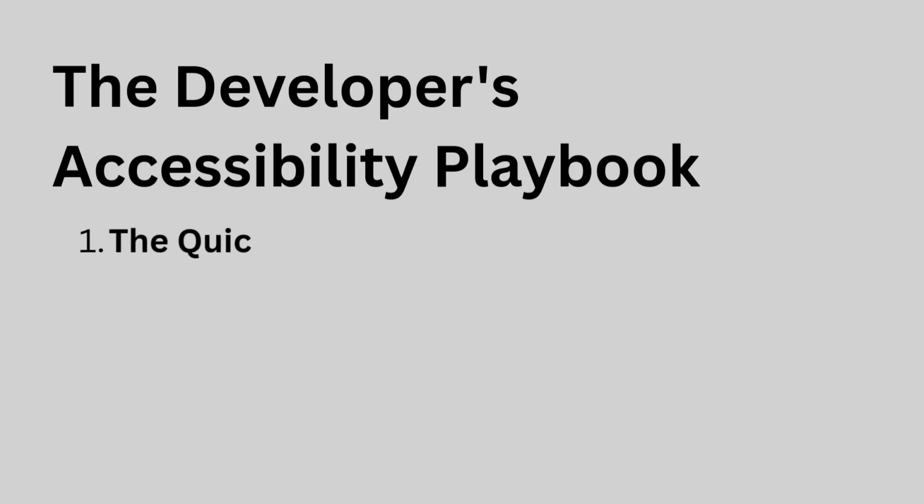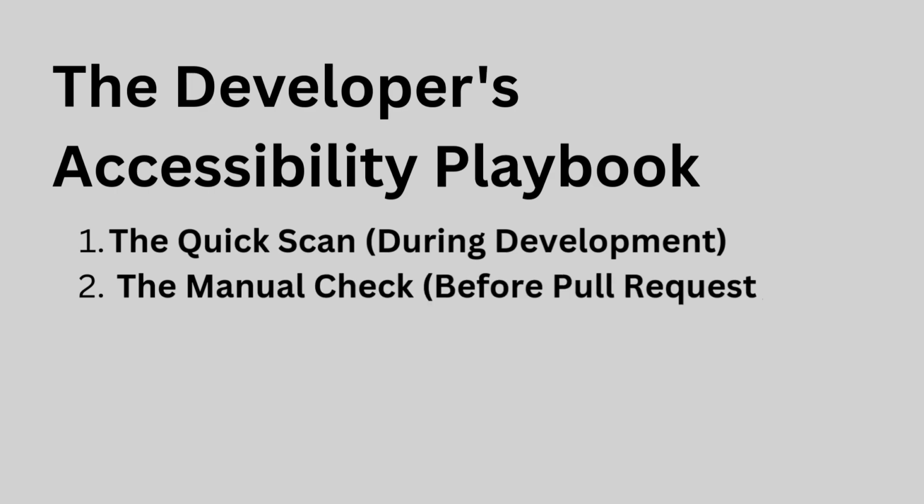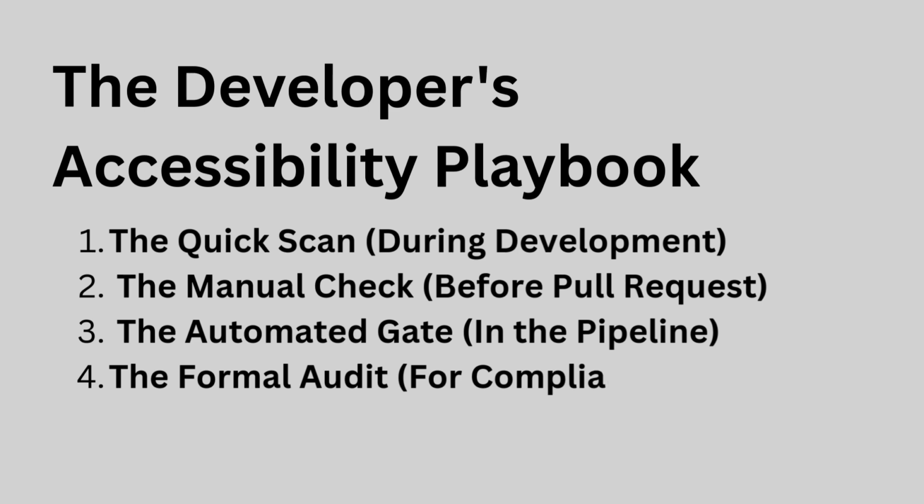After that, you do a manual check. Unfortunately, there is no great tool for checking keyboard navigation, so just try to do the same functionalities that you do with your mouse, try to do it with the keyboard. Of course, if you have some DevOps knowledge, then you can implement all these automated tests into your pipeline. And the last step, it is already when everything gets very serious, it's a formal audit.